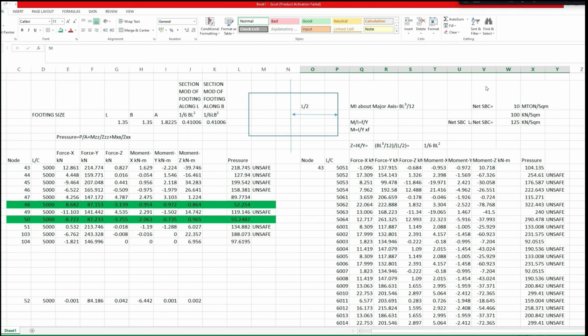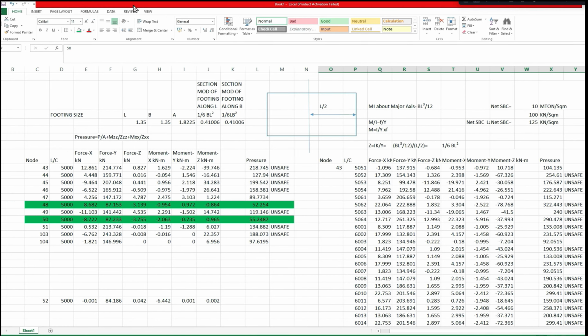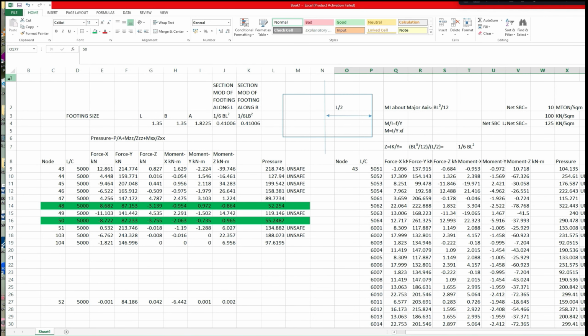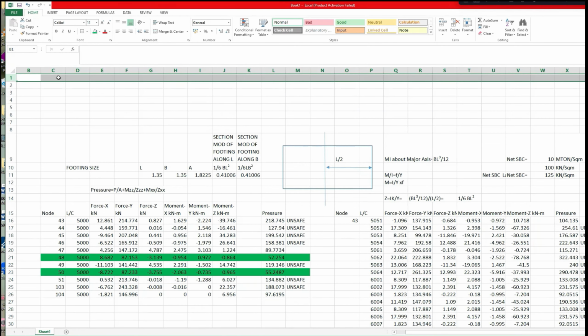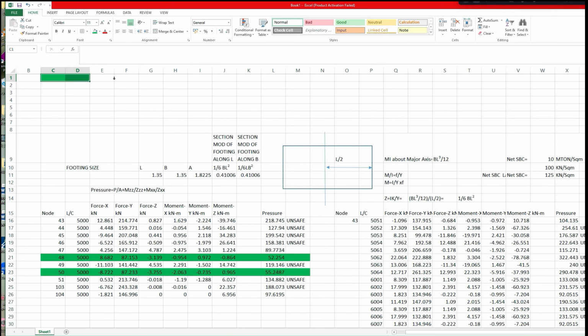So let us make a legend also here, somewhere here. Insert F4. So green color is 1.35 by 1.35. So for these nodes, 1.35 by 1.35 size of footing will work.